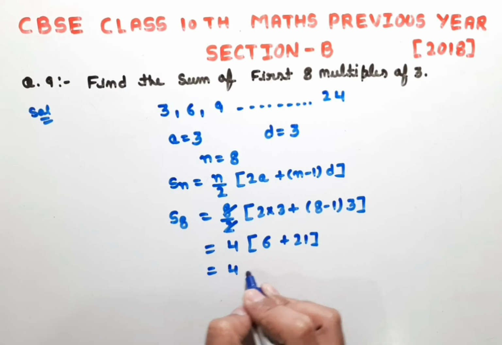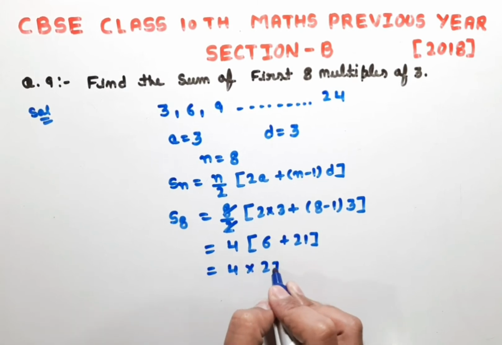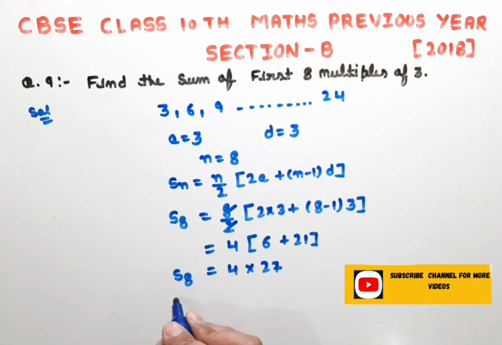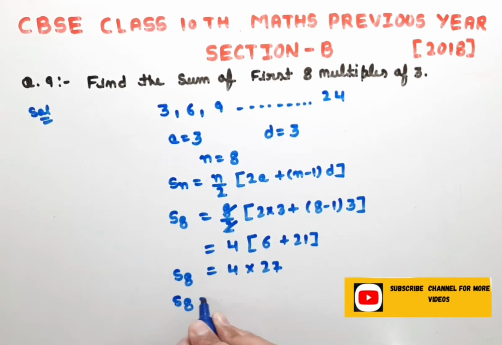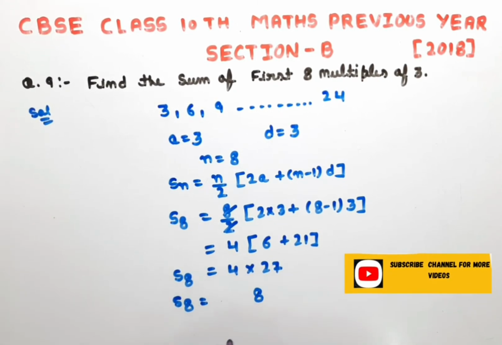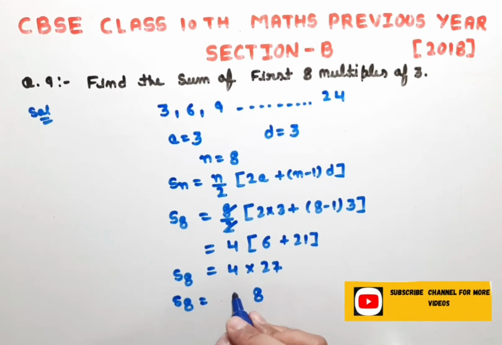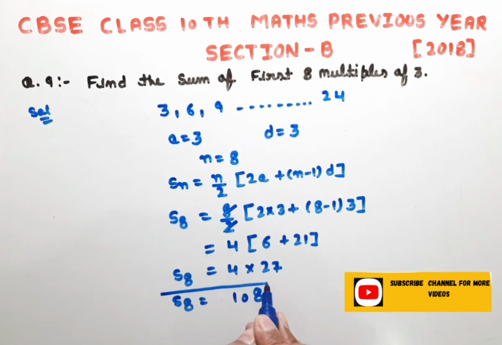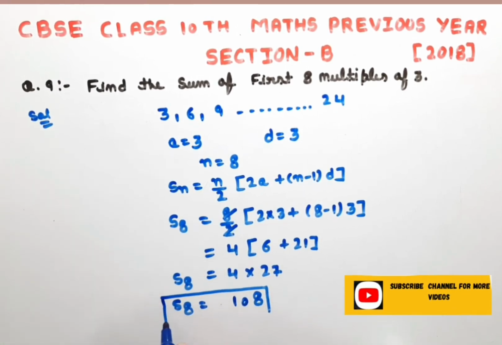So 4 into 27, which is 108. So this is the sum of first 8 multiples of 3.